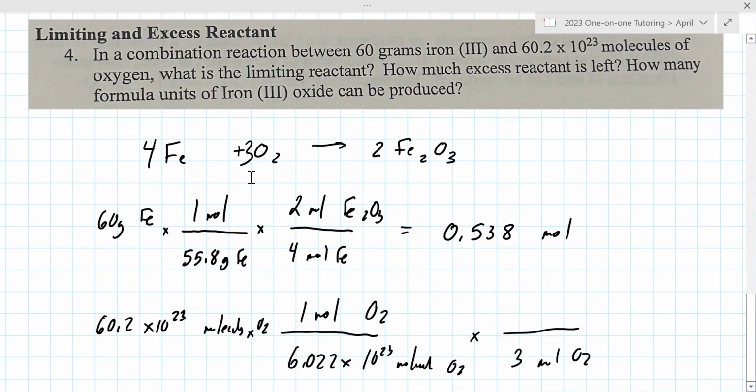So you always use the coefficients in this. The 2 moles Fe2O3. So you do that calculation and get those numbers.